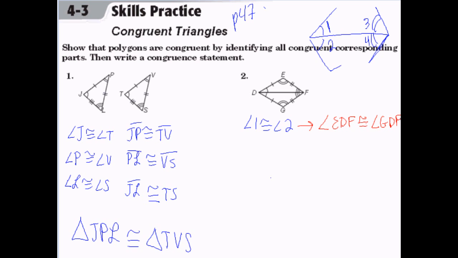And I could also say FDE and FDG as long as the D is in the center, because I'm talking about the angle that has D as the vertex. So these are the same thing as long as I label the picture. And then I could say angle 3 is congruent to angle 4, which is the same thing as angle FDG.